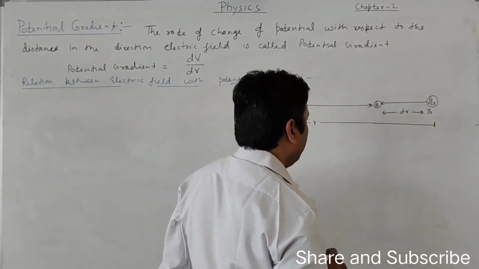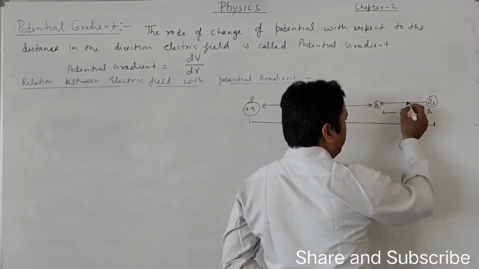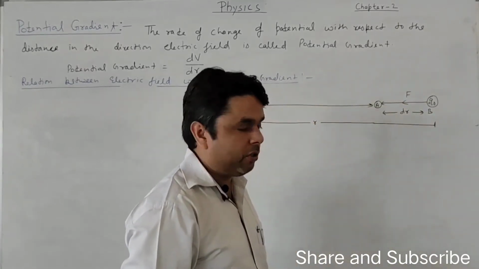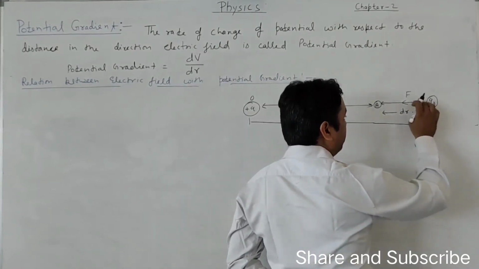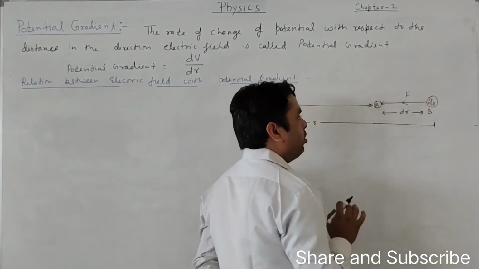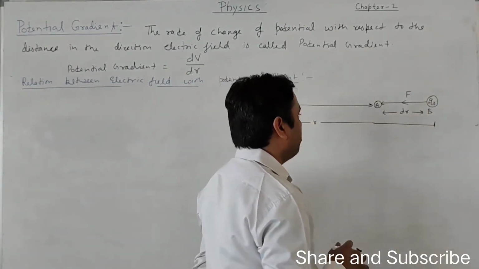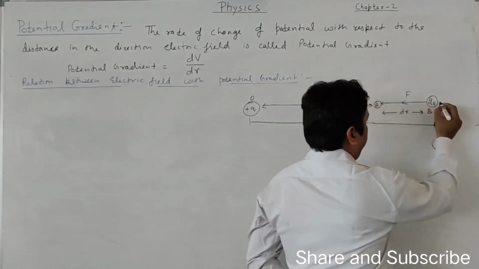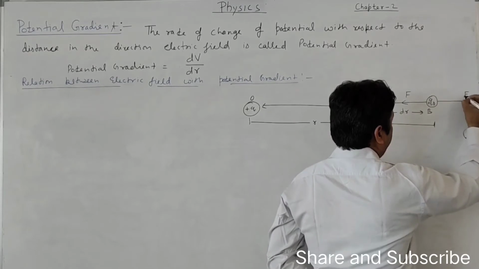The distance dr will be covered due to an externally applied force through some agent. That charge will only move by applying an external force. Why are we applying the external force? Because due to the origin charge, there is an electric field acting on this test charge.